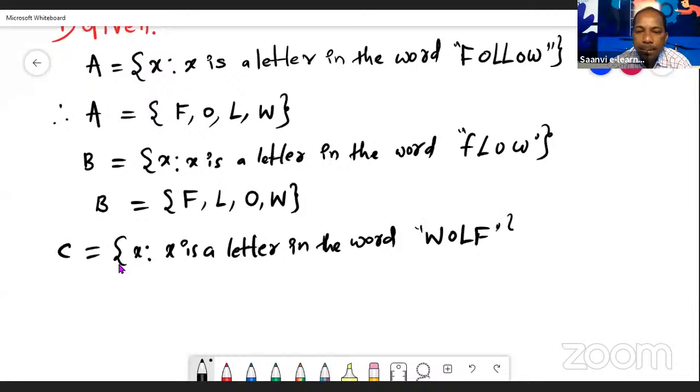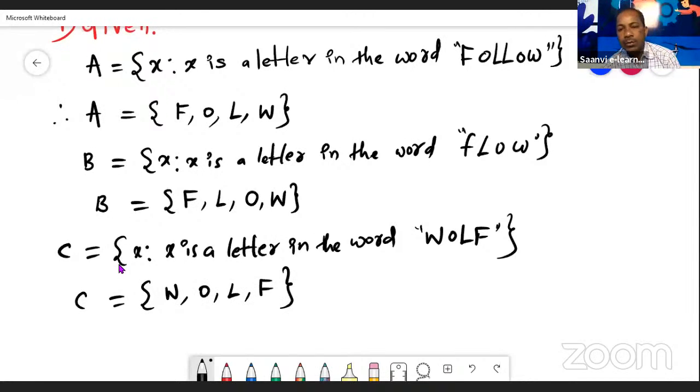Okay. Now write the roster form of set C. What elements do we get? W, O, L, F. Here also no element is repeated more than 1 time. Right. So these are the roster forms of sets A, B, and C.